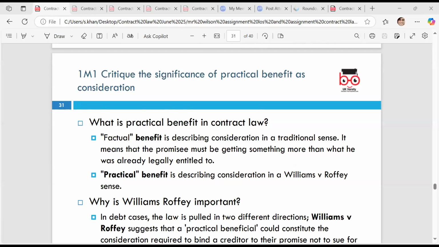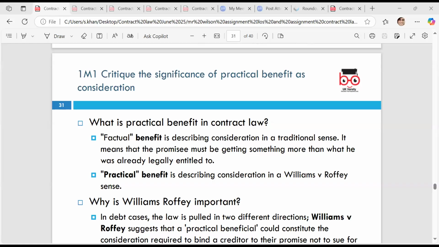So this concept was established in cases, and they've given the case there, the Williams v Roffey case, which acknowledged that even without a strict legal detriment to the promisee, a real world advantage gained by the promisor can be sufficient. The traditional view of consideration was seen in the case of Stilk v Myrick, which required a strict legal benefit to the promisor or legal detriment to the promisee.